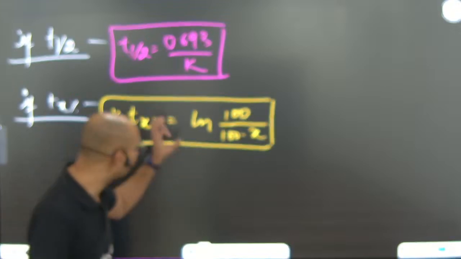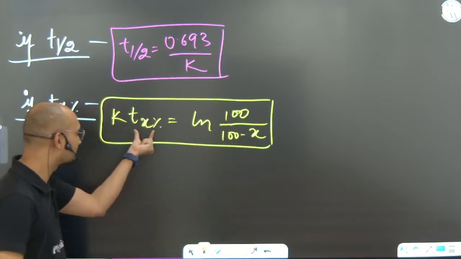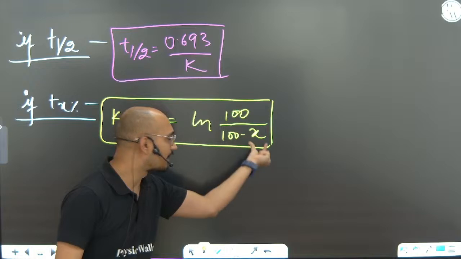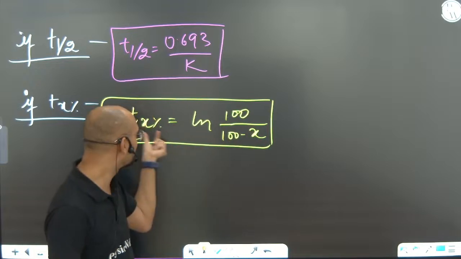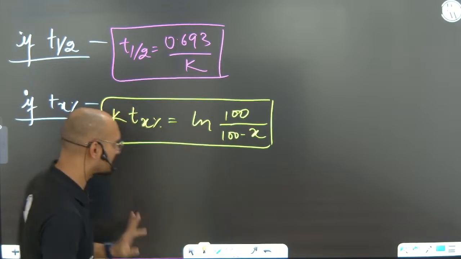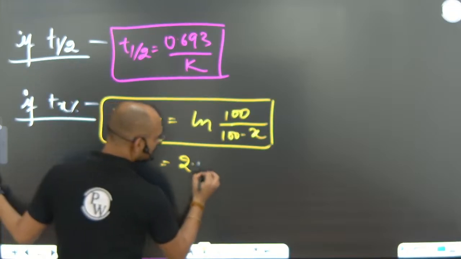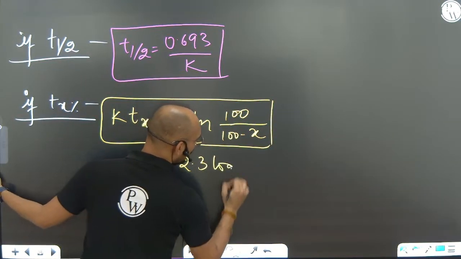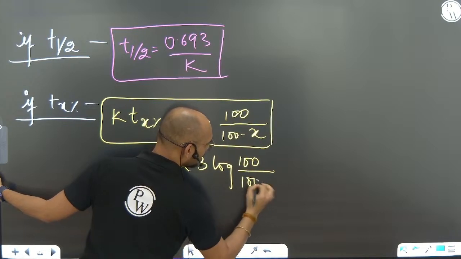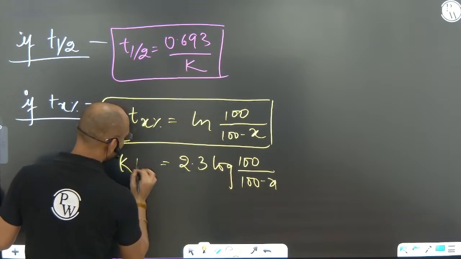Please keep in mind, very important. If it is Tx%, let's say 30%, so 100 by 100 minus 30, that is 100 by 70. 50%, 100 by 50. I hope you understand it. Okay, you can convert into log base 10, 2.303 log of 100 by 100 minus x, that is k t x%.